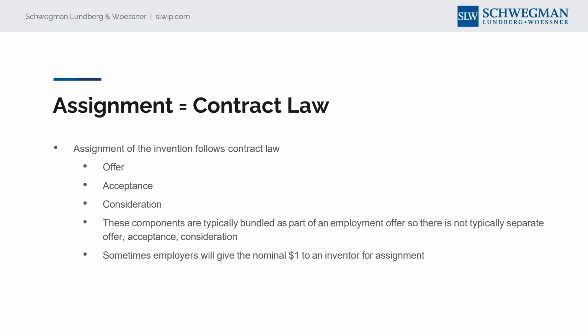Even though, in contract law, somebody may have an obligation to assign present in their employment agreement, it is overwhelmingly typical and, in fact, advisable to execute a separate assignment per patent, just so that it's buttoned up.